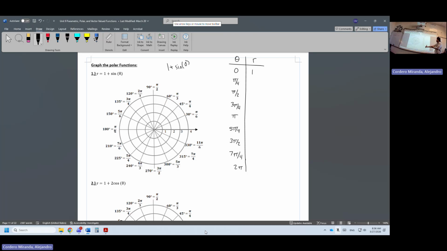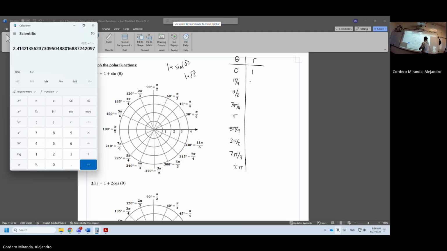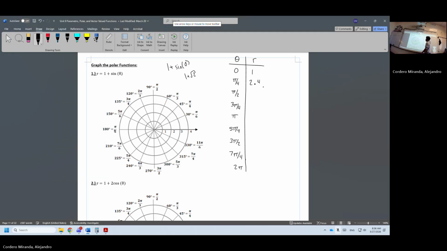I don't know how much unit circle you remember, but that's all I'm doing, plugging these in. So pi over 4 into that would give me 1 plus square root of 2. Which is how much? Let me check. Square root of 2 plus 1 is 2.4.